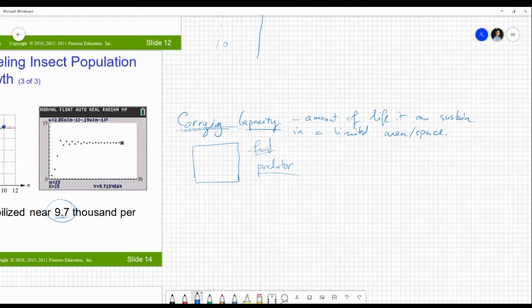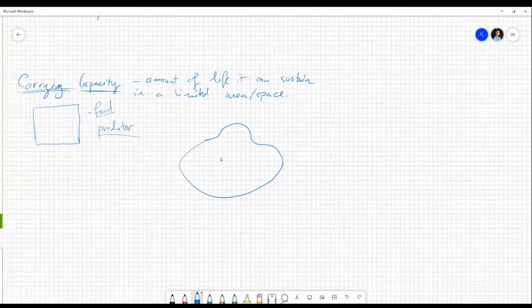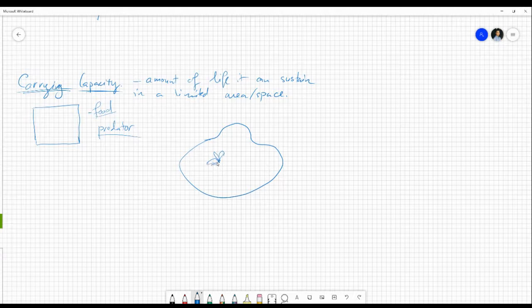Okay, so for example, let's think about if we have an island, and we have a bunch of rabbits on that island. So of course they will multiply. Well, let's just talk about food. Don't talk about predators. Let's say there's only, I don't know, 10 rabbits on this island, and there's a bunch of grass or whatever rabbit eats for it to eat, right?